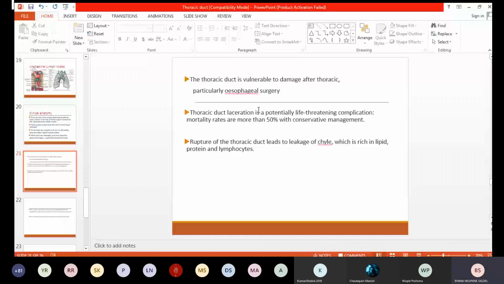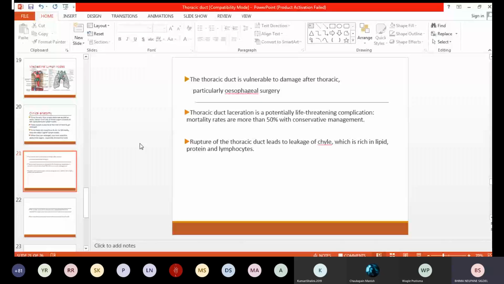This applies only if there is rupture of the thoracic duct. If you cut the thoracic duct in the thoracic region and the fluid gets out from that duct, that is known as chylothorax, if it is in the thorax only, if it gets ruptured.